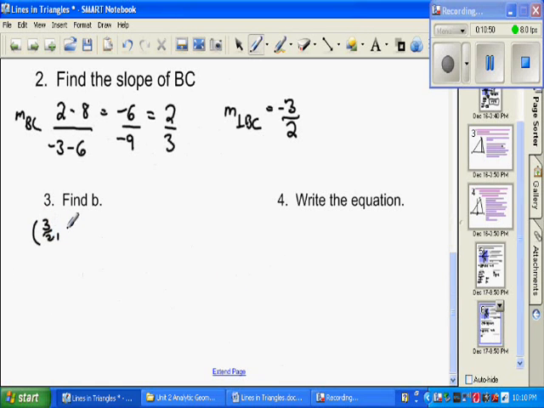So we have 3 over 2, 5, and negative 3 over 2 as the slope. So when I fill everything into the equation, okay, I just need to rearrange and solve for b.